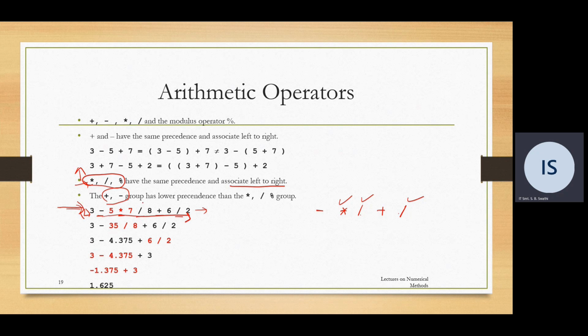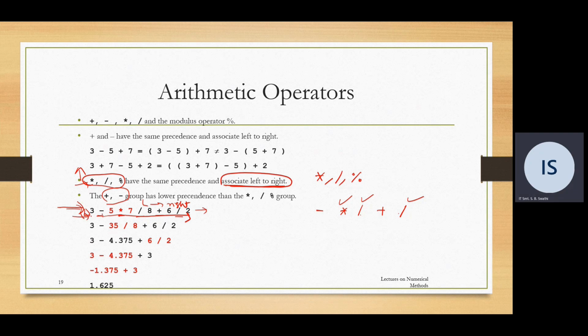So in reading the expression from left to right, whichever symbol among star, division and modulus comes first, that particular operation will be evaluated first. That is called left to right association.